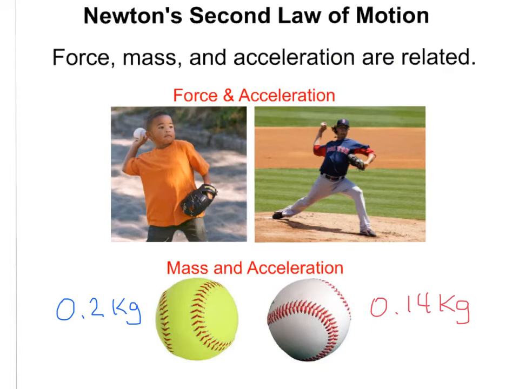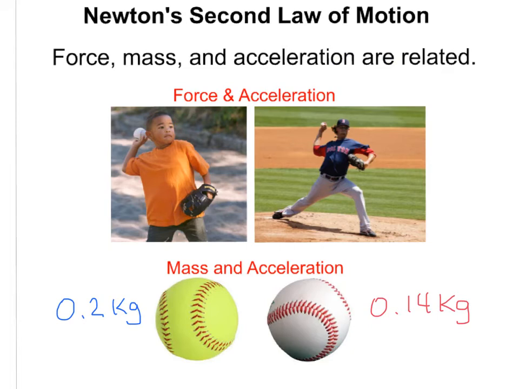If you exert the exact same amount of force on each of these balls, say you pitch it one time and pitch the other one another time, the softball is going to have a lower velocity than the baseball does, because they have different masses.